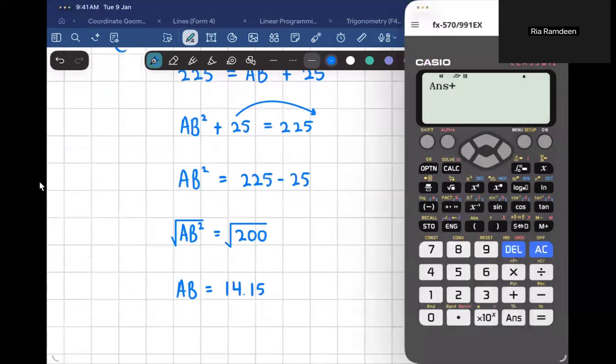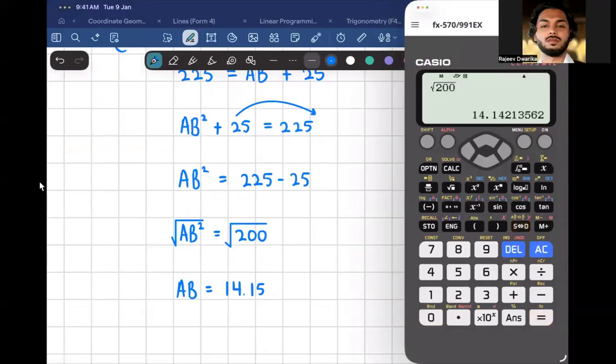Just make sure. No, 14.14. How did you get 14.15? Because watch, the second decimal place is 4. The number after 4 is 2. 2 is less than 5, so we round down.